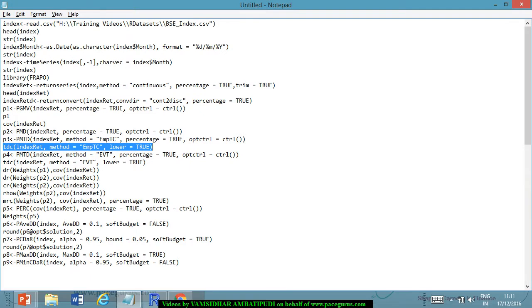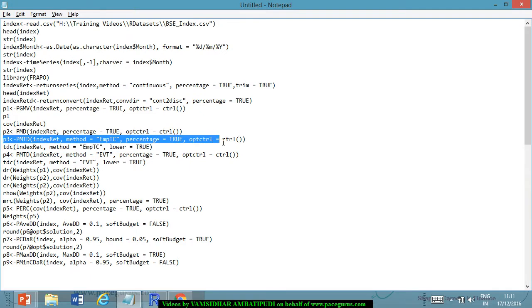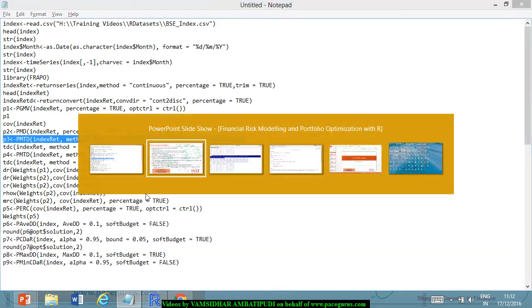If I want to look at the allocations, P3 and P4 will be the same, because whether I use the empirical tail copula method or the extreme value theory method to find the tail dependence coefficients, both result in the same coefficients. So it hardly matters whether my portfolio is based on the empirical tail copula or EVT.